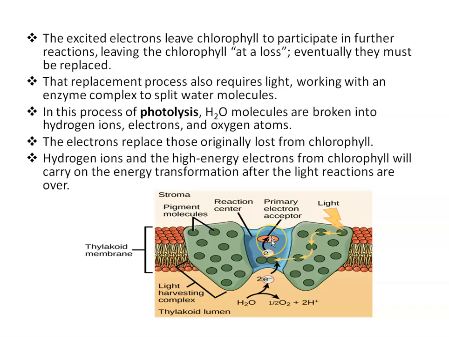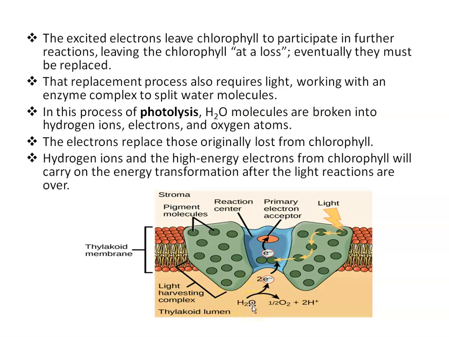Excited electrons then leave chlorophyll to participate in further reactions, leaving the chlorophyll at a loss. Here a hole is created, so the electrons must eventually be replaced. That replacement process also requires light, working with an enzyme complex that splits the water molecule.